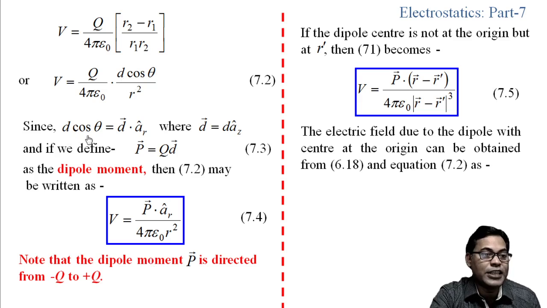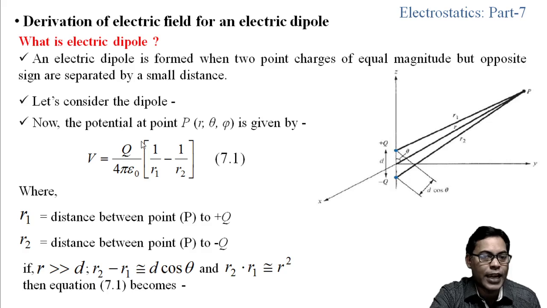Now this d cos theta can be represented in vector form, that is d dot ar. Now the question is how? You see that if we consider the direction of d is from minus q to plus q, so it is in this direction. And cos theta is the angle between d and r, the distance d in this direction and r moving in this direction.